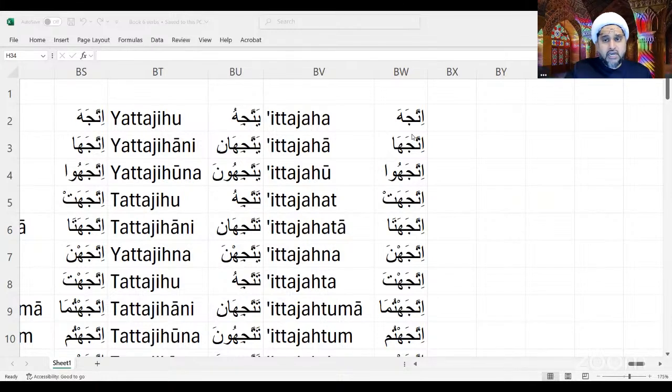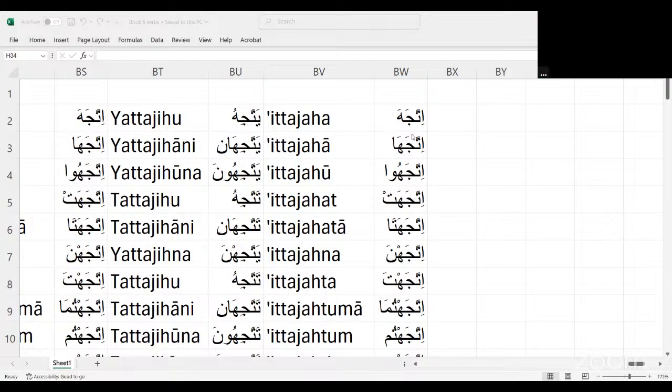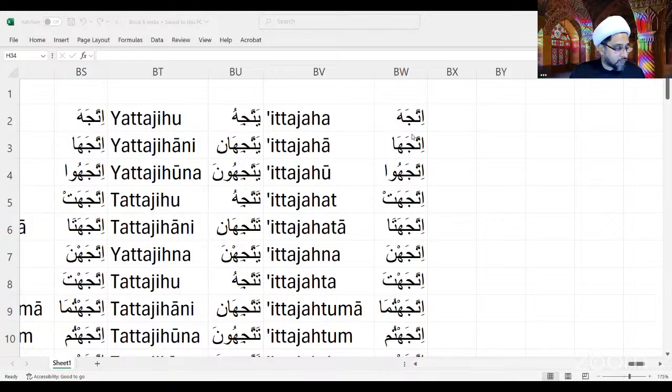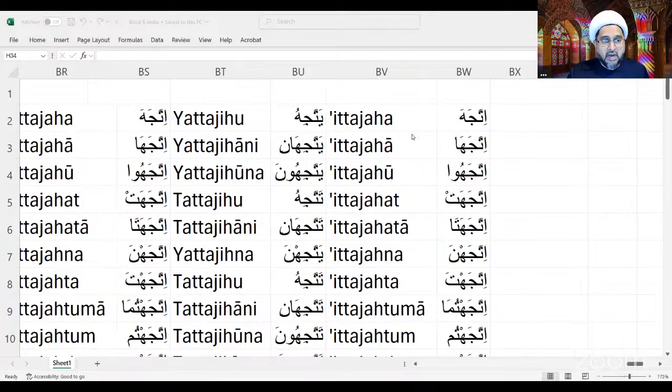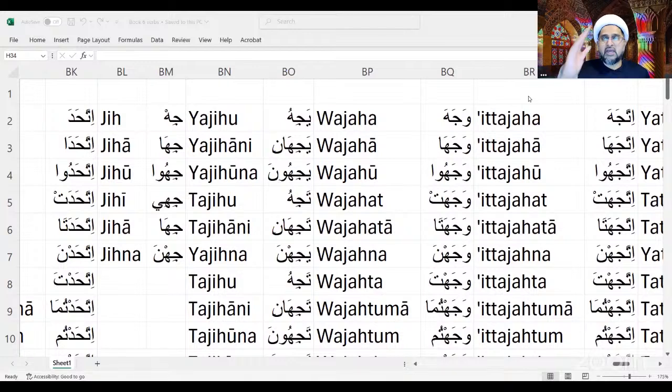Ya Wajiha Indallah Ishfa' lana. So with regards to ittajaha, wajaha means face and also means direction as well. Ya wajiha indallah.